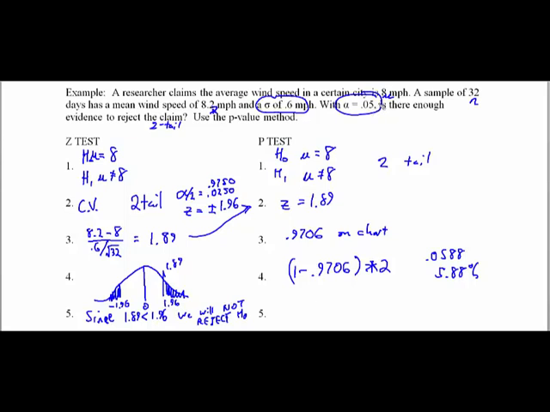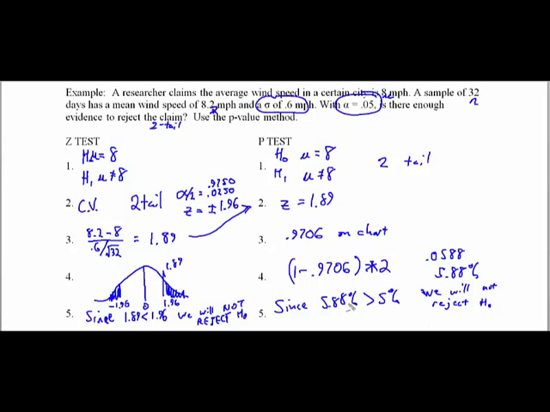But unfortunately, close is not good enough, because we found that the 5.88% is greater than 5%, and to reject the null hypothesis, we would need to be under that. We will not reject the null hypothesis.